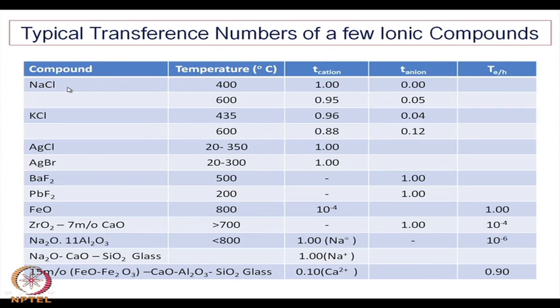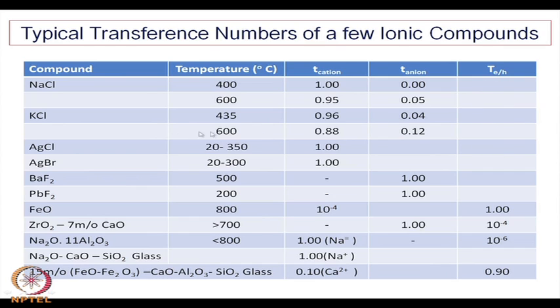To start with sodium chloride, rock salt structure, as you know, there is considerable sodium ion diffusion, and the cation diffusion is maximum. Anion, there is hardly any, except at slightly higher temperature, that means some chlorine ion can diffuse at a higher temperature like 600 degrees, close to its melting point, and then there is of course no electronic conductivity or electron transport at all.